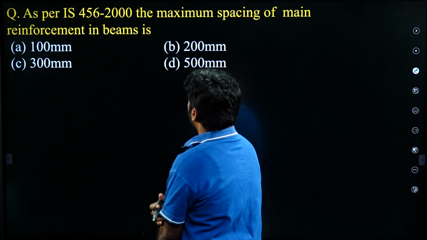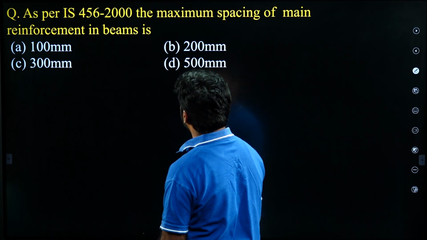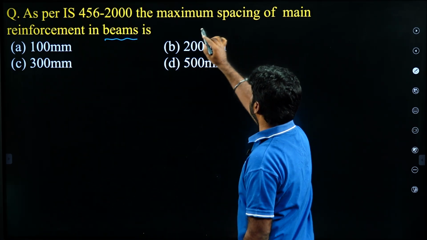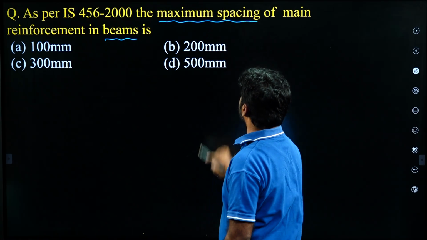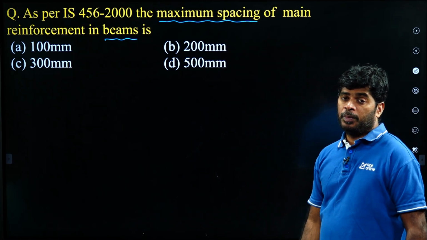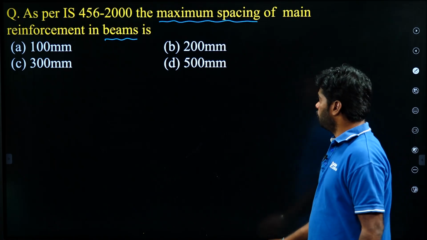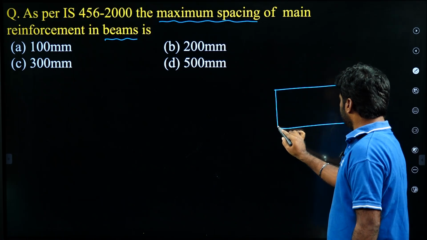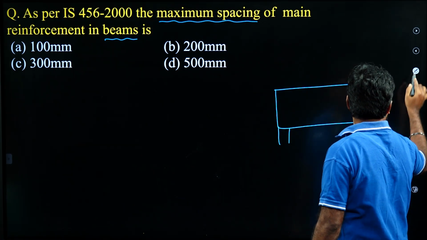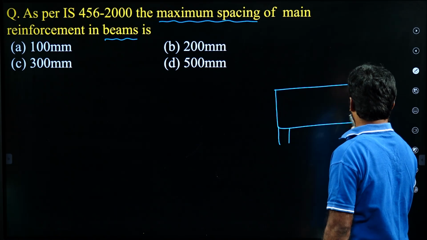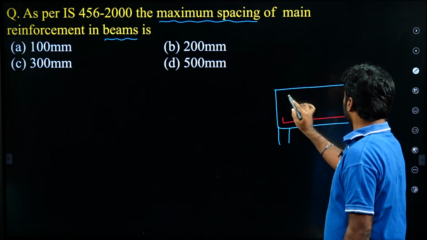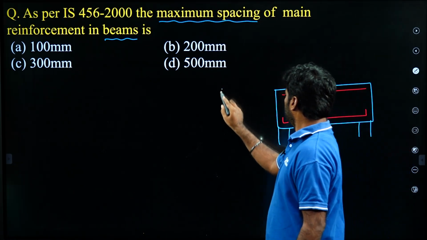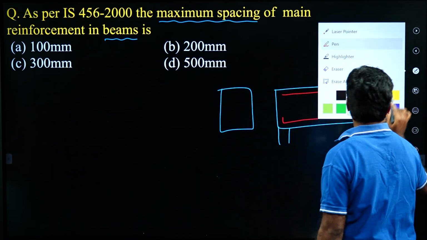As per IS 456-2000, the maximum spacing of main reinforcement in beams. In beams we can provide two types of reinforcement. You can see the longitudinal section, maybe you will understand easily. This is longitudinal steel. See the cross section, this is longitudinal steel.